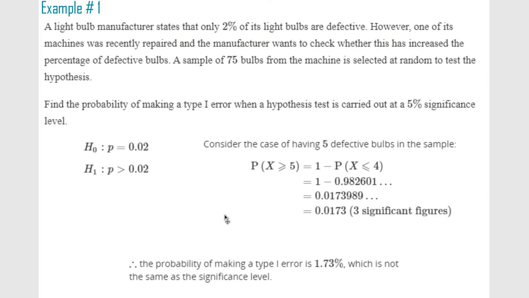That's not the same as the significance level, don't think it is. We had the probability based on getting more defective light bulbs. You have to follow the context of the problem is what I'm getting at. If I confuse you, please talk to me in class.